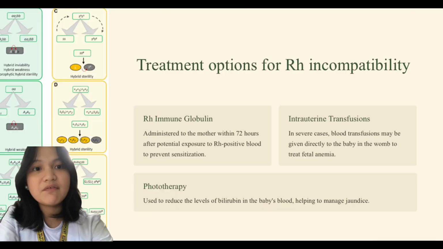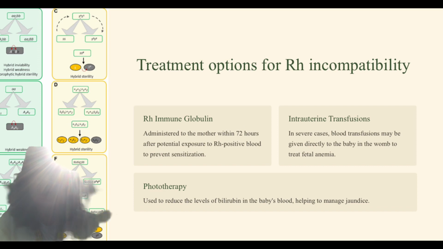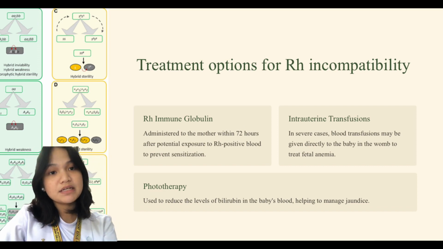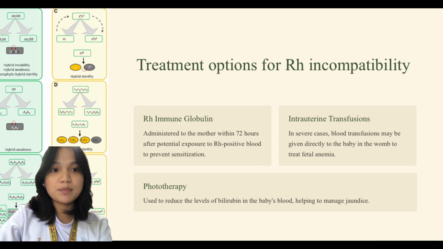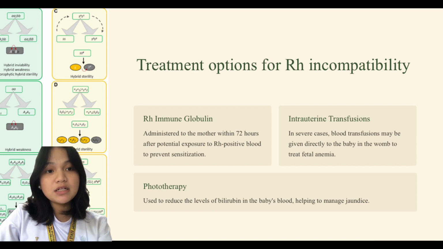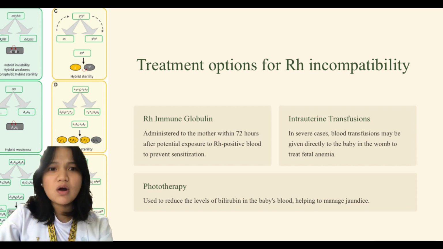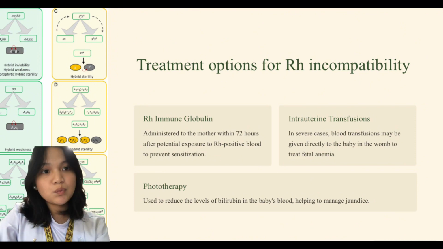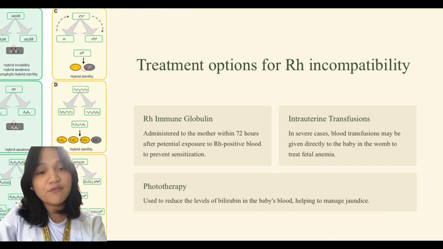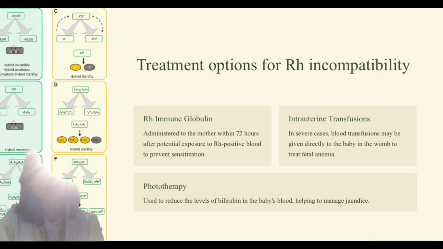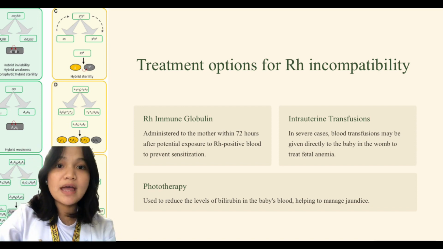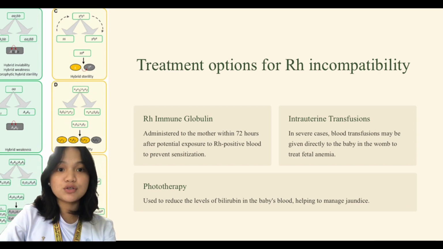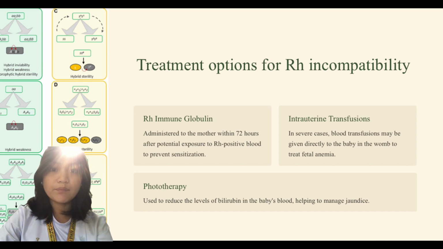So the primary preventive measure of RH incompatibility is the administration of RH immunoglobulin, commonly known as RhoGAM. RH immunoglobulin is typically given to RH negative pregnant women around the 28th week of pregnancy and within 72 hours of childbirth, or any other potential exposure to RH positive blood.